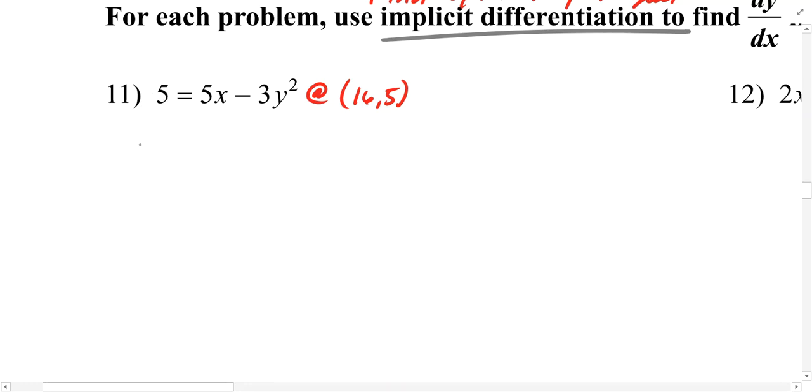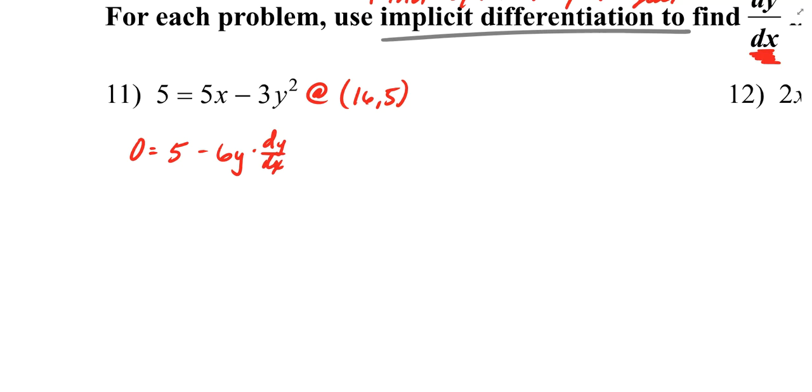And the derivative of the constant, of course, is 0. The derivative of 5x, since this variable matches the differentiation variable, we can just use our regular rules here. For the derivative of negative 3y squared, well, I like negative 6y, but remember, since this variable differs from the variable of differentiation, this dx, we've got to turn around and multiply by the dy dx differential.